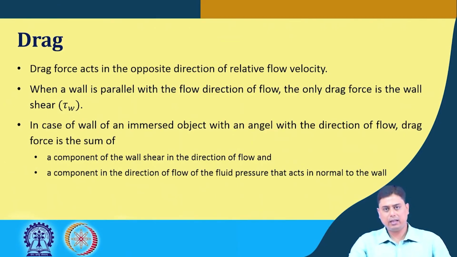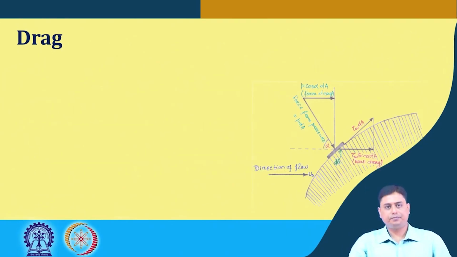So pressure acts normal to the wall, but it has a component in the direction of flow, because the wall is making an angle with the direction of the flow. So the pressure will have its component, and the sum of these two components gives us the overall drag force. So this is the scenario I was talking about.